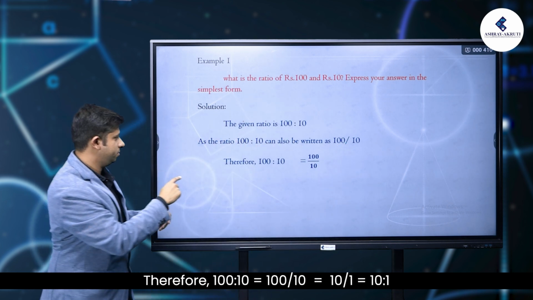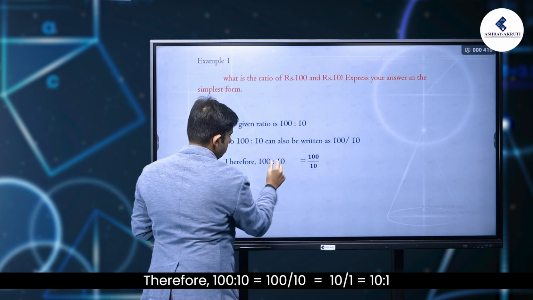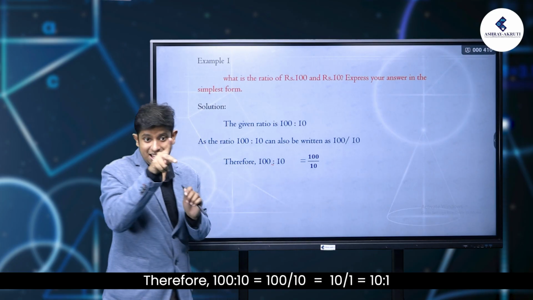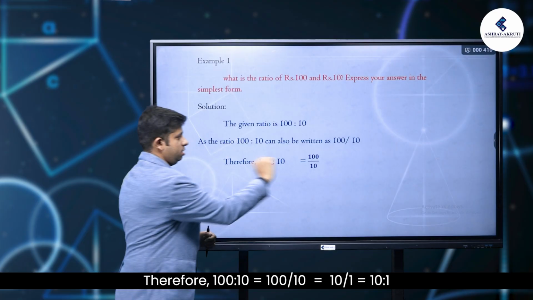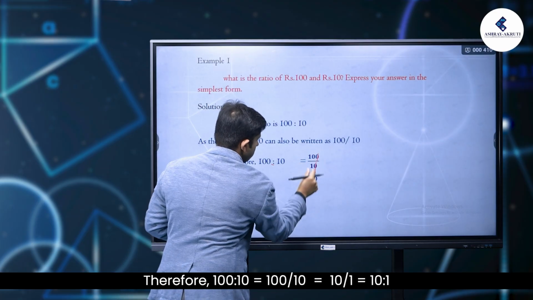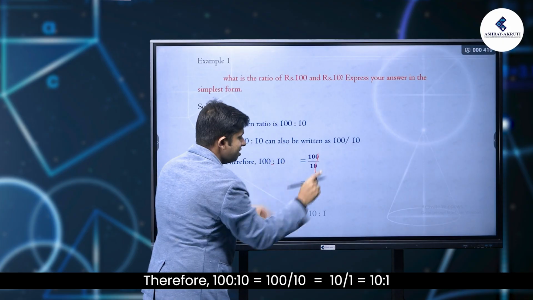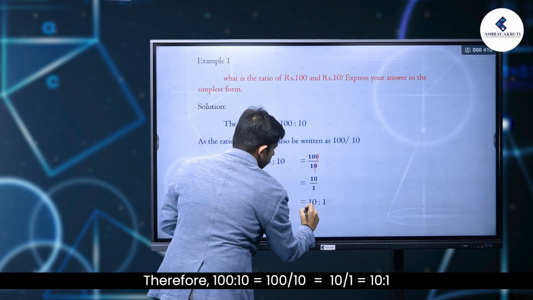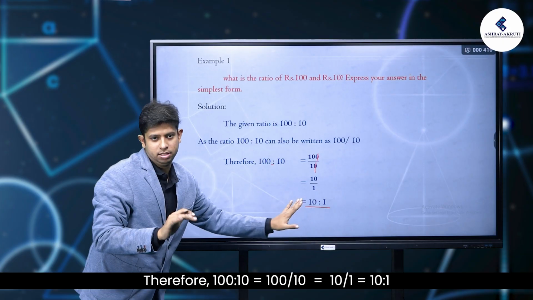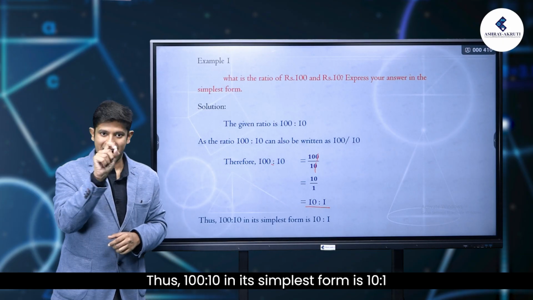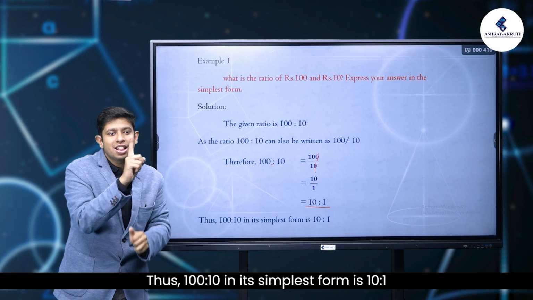Therefore, 100:10 is equal to 100/10, which is equal to 10/1. That is equal to 10:1. Thus, 100:10 in its simplest form is 10:1.